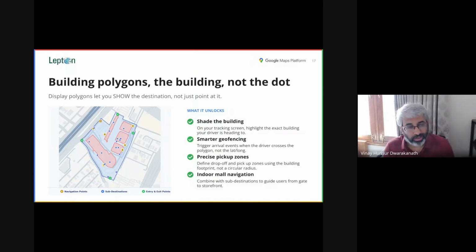Indoor mall navigation: you combine polygons with sub-destinations, and you can guide a user from the parking gate all the way to a specific shop, right? So this, again, is super useful. Again, something we always keep hearing: give us indoor navigation, give us better directions. Our users are not always experienced, so this is something we keep hearing, and I think somewhere we are solving for this.